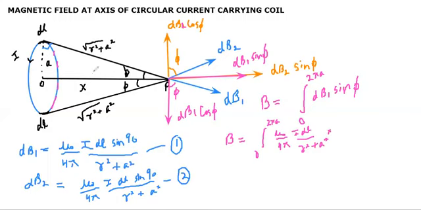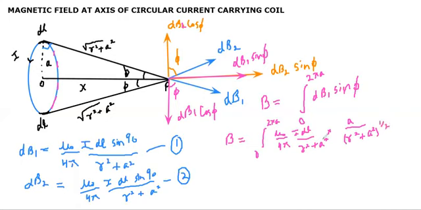Sin is perpendicular by hypotenuse. So this is a by under root r square plus a square, that is a by (r square plus a square) to the power half. This is the value of sin phi.